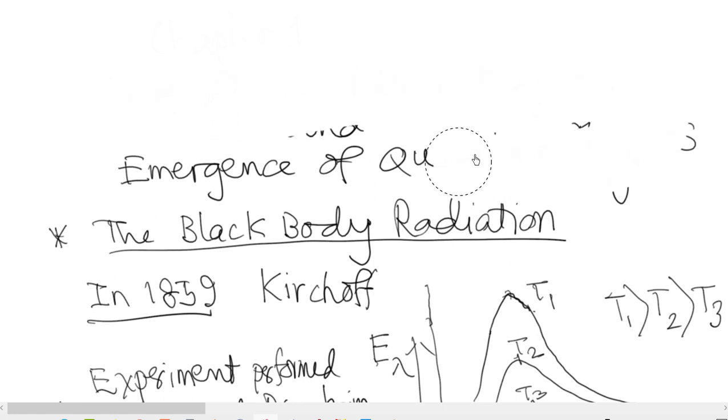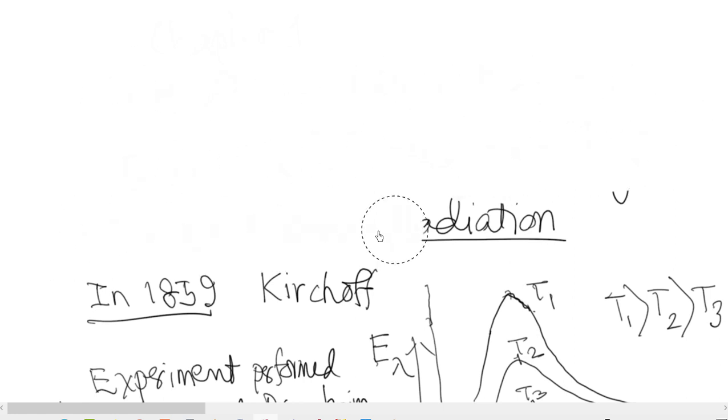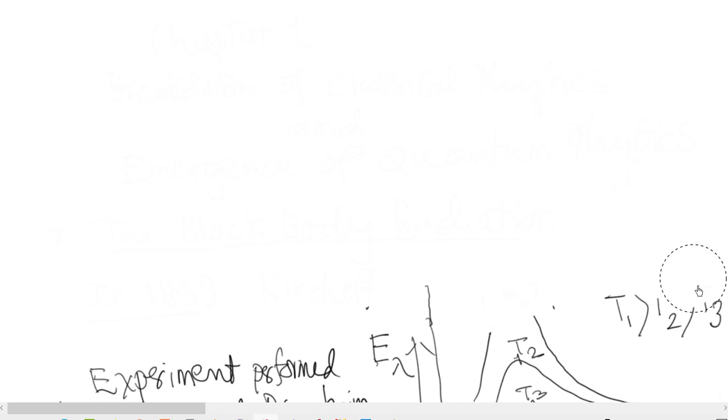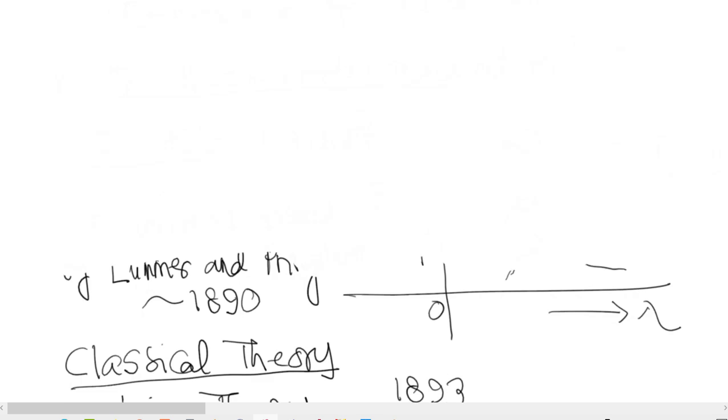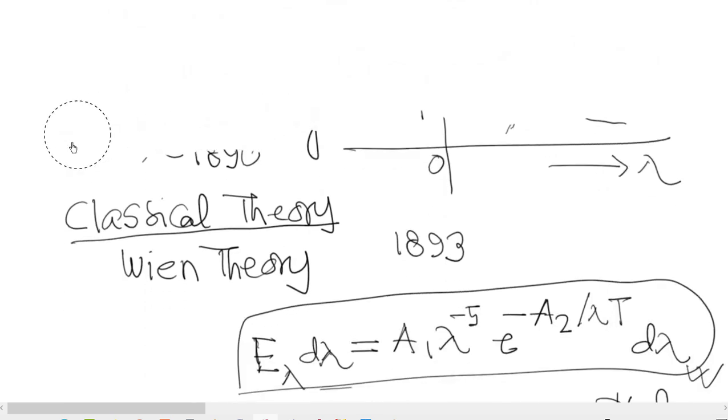Okay, now we'll see Max Planck's idea about black body radiation, and actually his theory can easily explain the experimental findings of Lummer and Pringsheim.